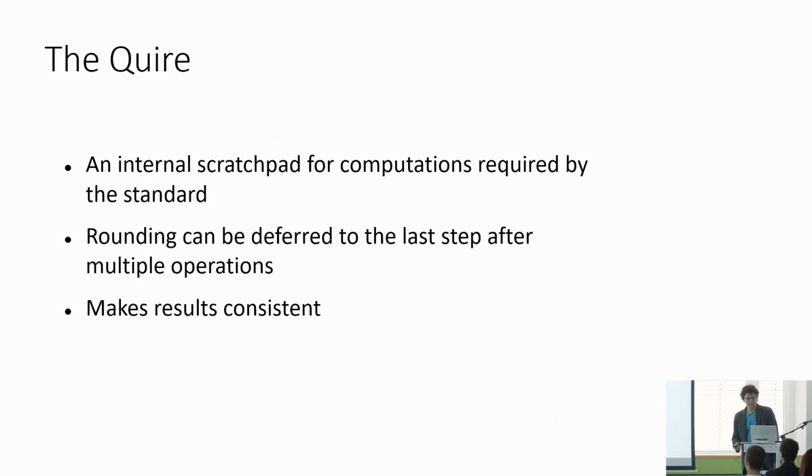Another nice feature of the posits is that they have the quire. The quire is an internal scratchpad for computations that is required by the standard, and the programmer has oversight of when it gets used.